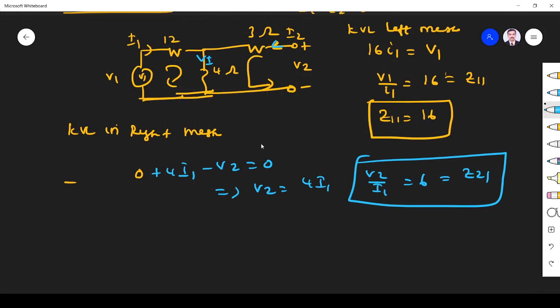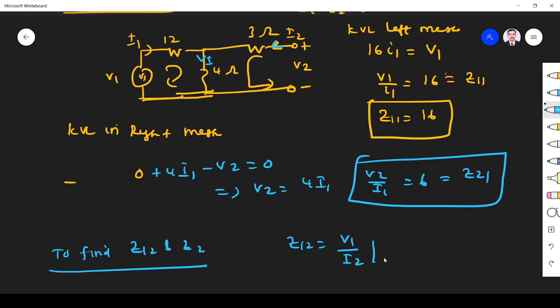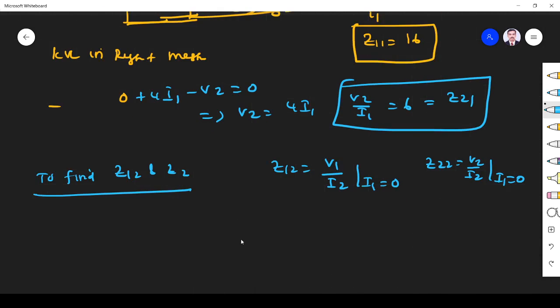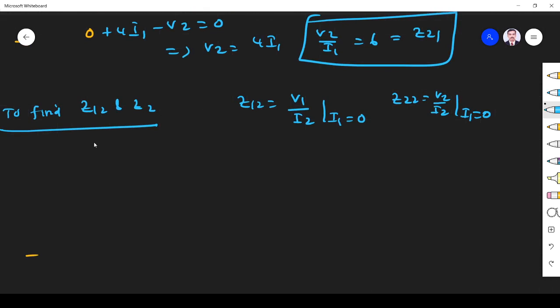Next, to find Z12 and Z22. What is Z12? V1 by I2 with I1 equal to 0. Z22 is V2 by I2 with I1 equal to 0. For both these parameters, input current is 0, that is, the input is open circuit.